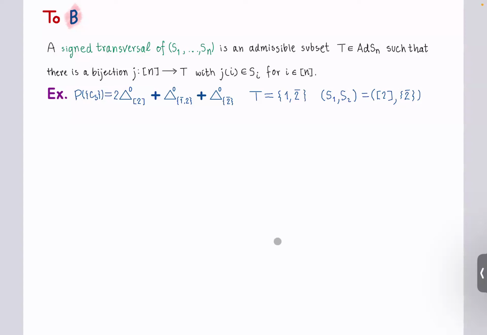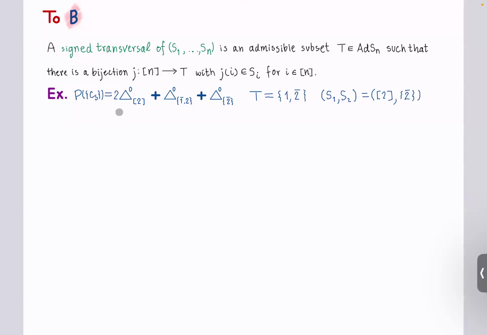And then they define a psi transversal of an n-tuple of admissible subsets to be an admissible subset T in admissible subsets of size n such that there is a bijection j from this set to T with j_i in S_i for i in [n]. Okay, that's a lot.